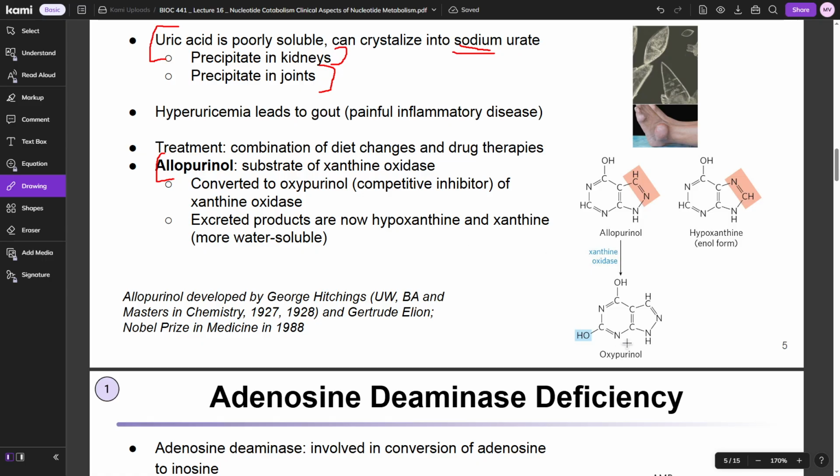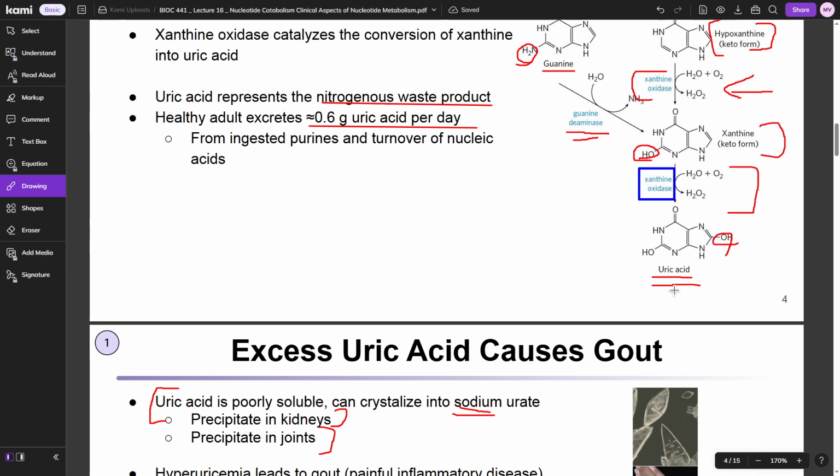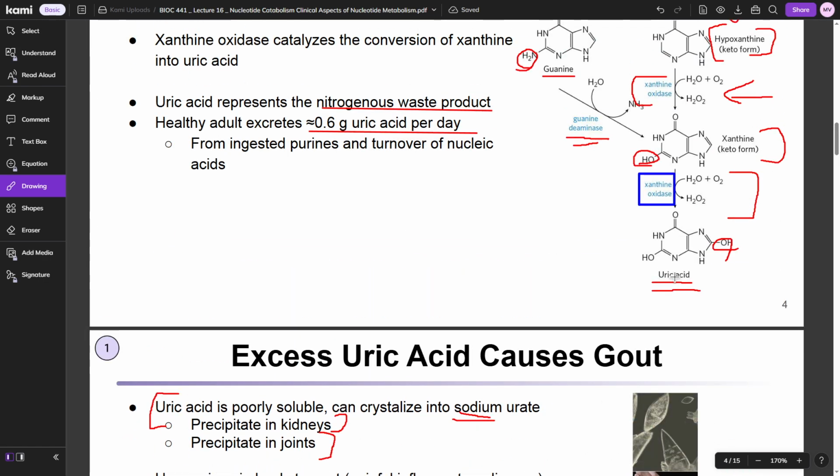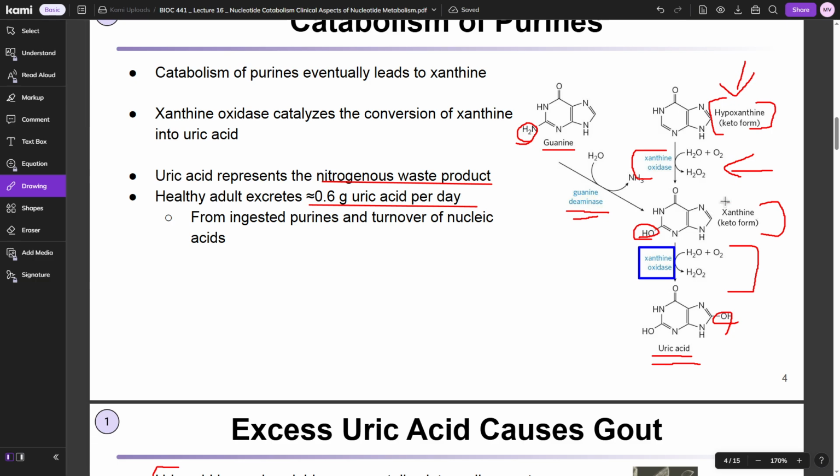When we make oxypurinol, this oxypurinol comes back and inhibits xanthine oxidase. So when you secrete it, you're actually going to be secreting hypoxanthine, and you'll secrete xanthine as well.